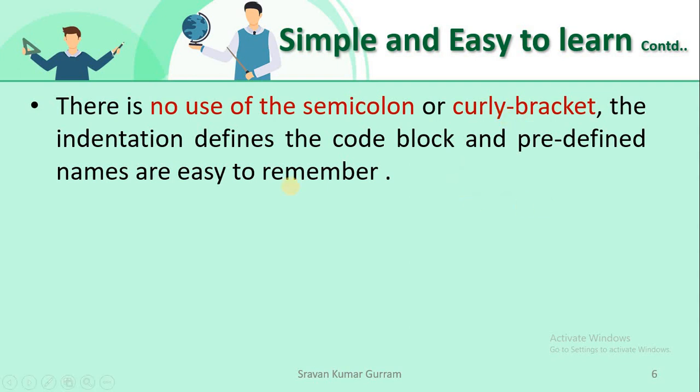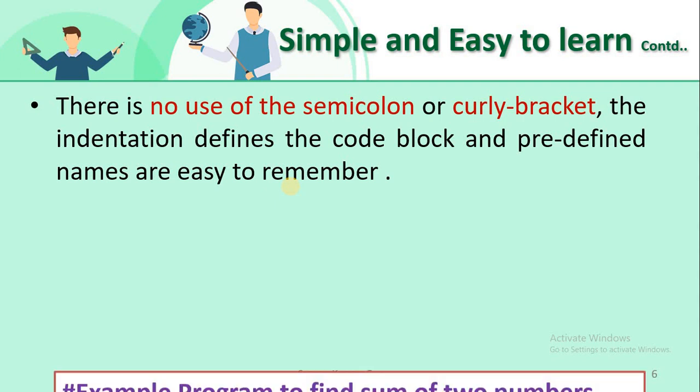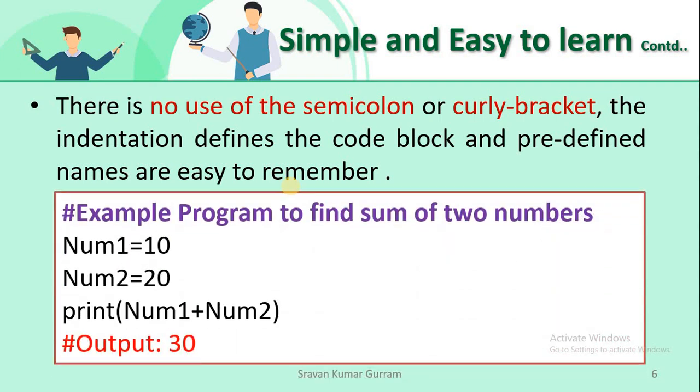If you take any predefined function names, those are very easy to remember and easy to understand. Let us take an example. Suppose I want to print the sum of two numbers using Python. This is the program. number1 = 10, number2 = 20. I am storing the value 10 in the variable number1, storing the value 20 in the variable number2, and I want to print the sum of those two numbers, number1 plus number2.